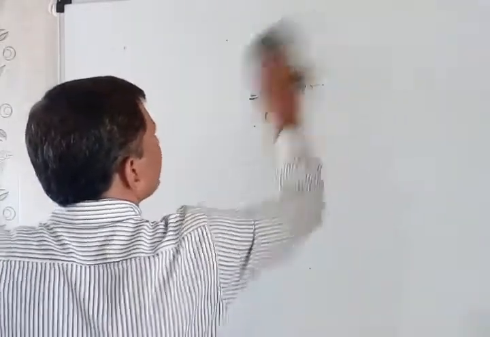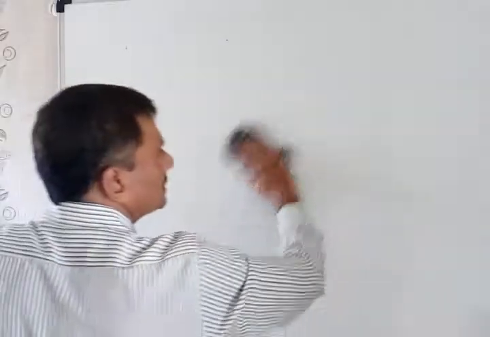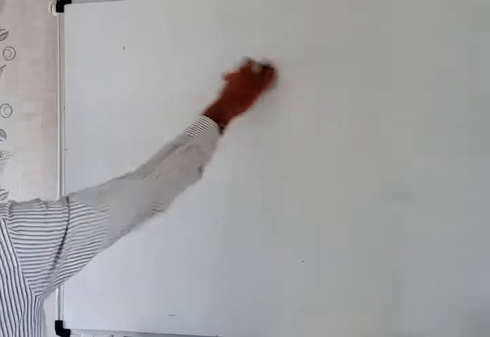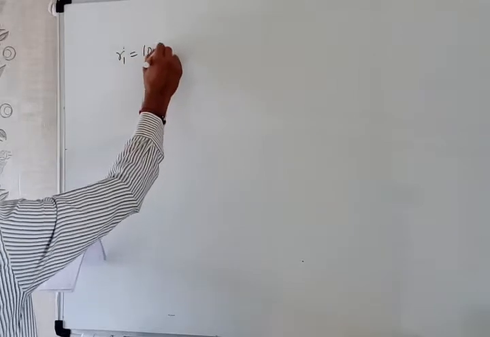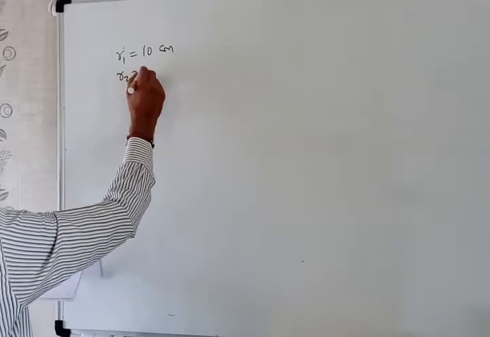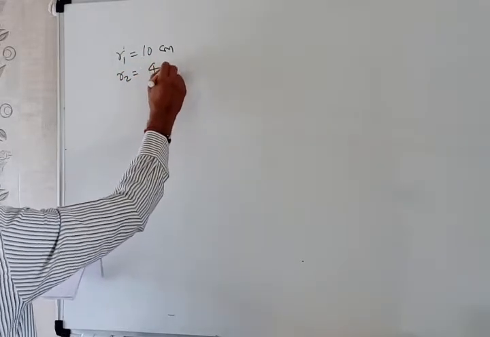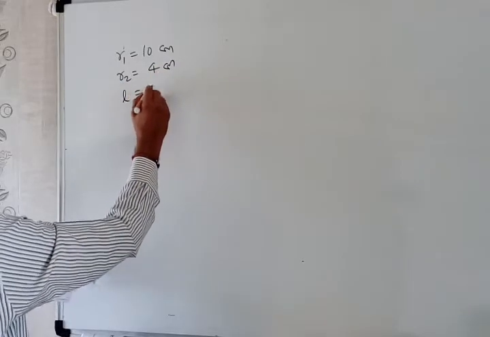Just read it. How much material should be used, that we have to find. So first of all, write down all parameters that are given. So R1 given, R2 given, and slant height given.